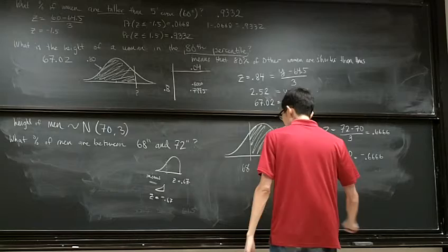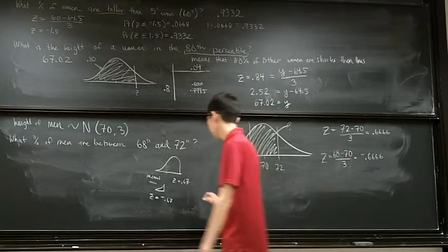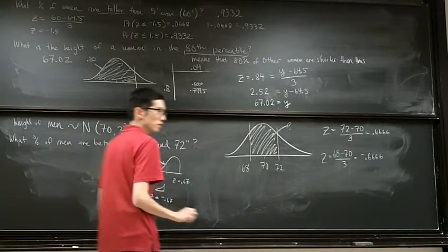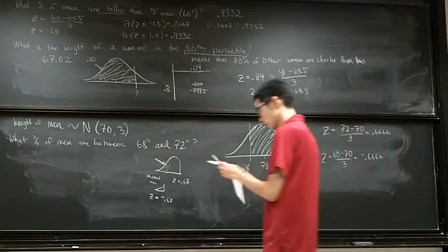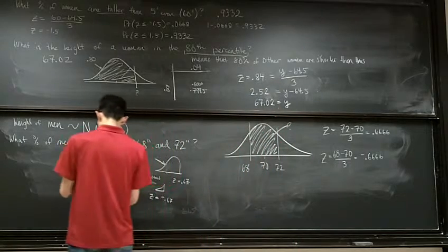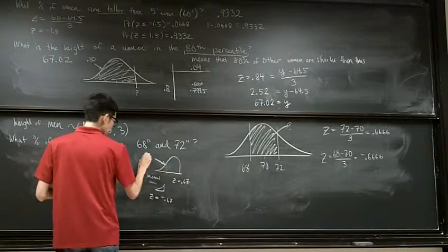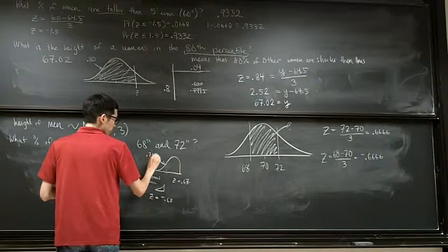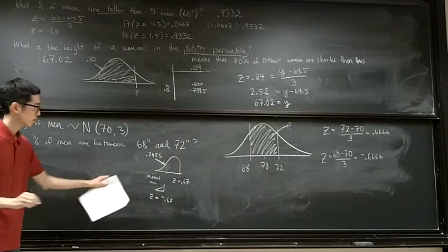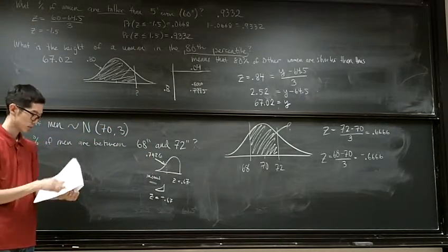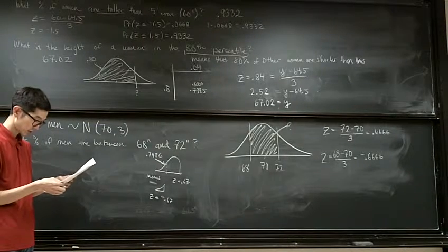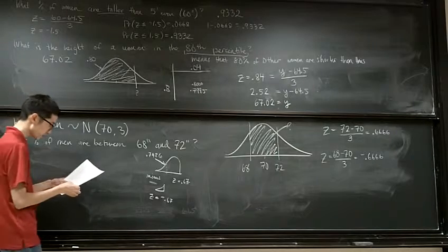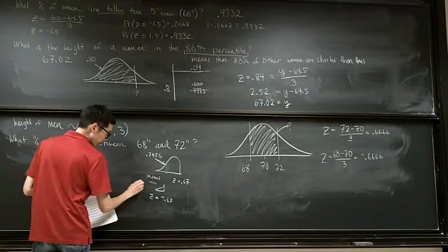So that's all I'm going to do. So I look up z equals positive 0.67, and I find that the area to the left of it is 0.7486. And I look up negative 0.67. And I get the area in this piece is 0.2514.